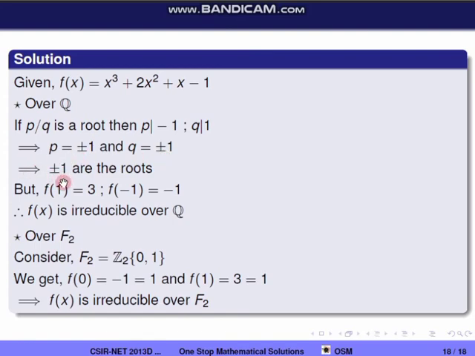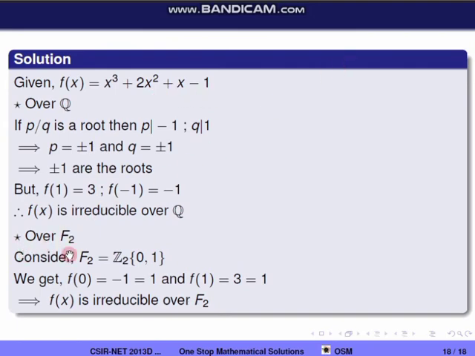But we are getting f(1) is equal to 3 and f(-1) is equal to -1. That is a non-zero number. Therefore, over Q, the polynomial doesn't have a root. That is, f(x) is irreducible over Q. We know this is an odd degree real polynomial, so it has at least one real root. So it is reducible over R.